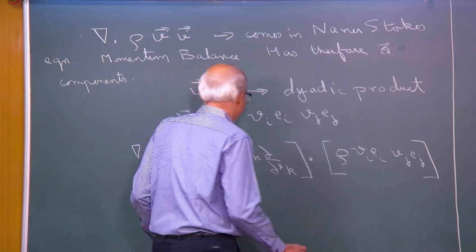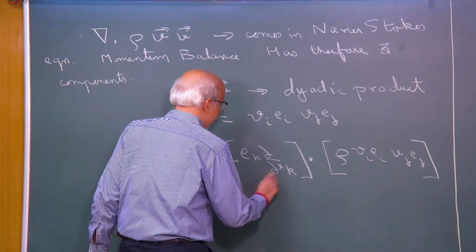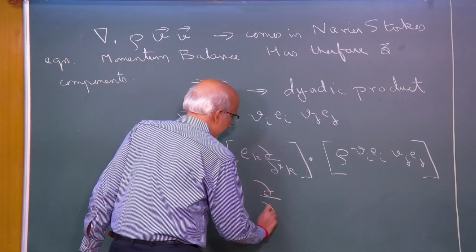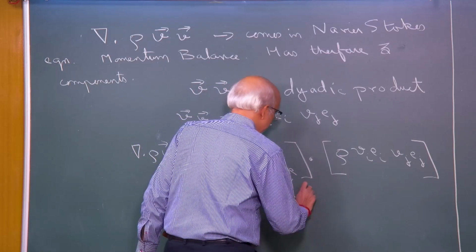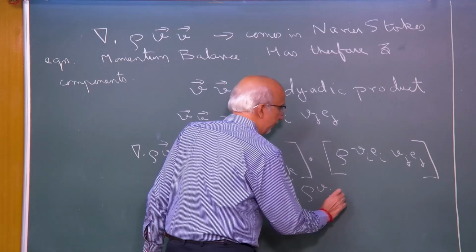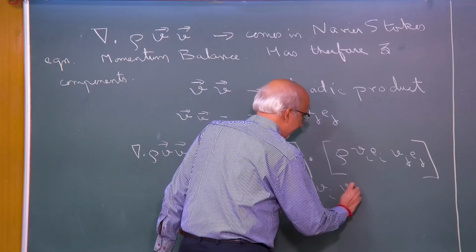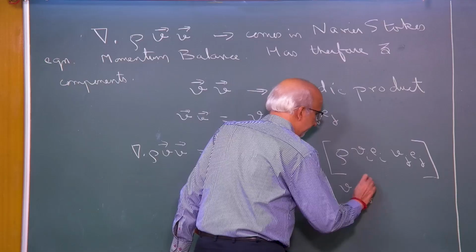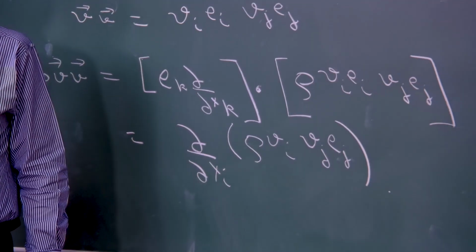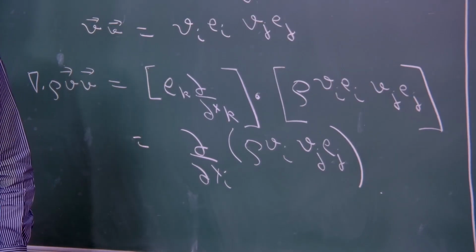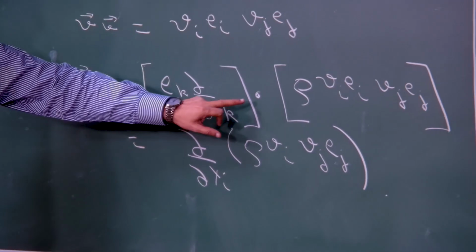So, I am going to put k equal to i here, and so this becomes d by dxi of rho Vi Vj Ej, okay. All I have done is taken the dot product.